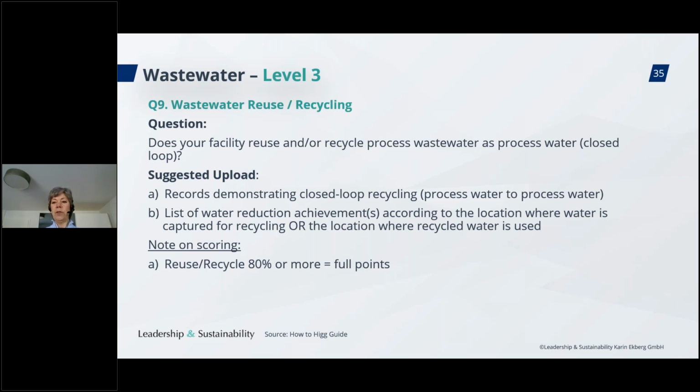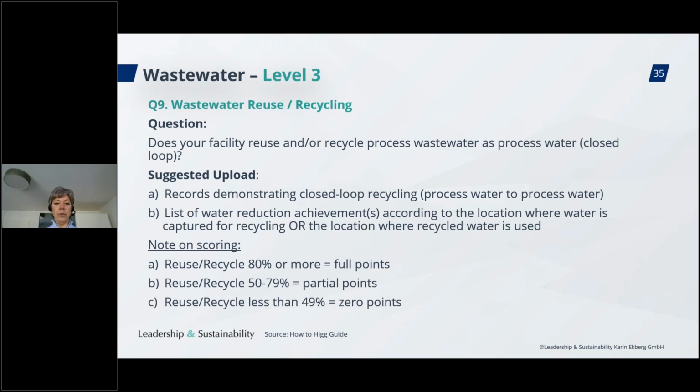It needs to be going into that closed loop of your process water system. If you have 80% or more, you get full points. If you are reusing or recycling 50 to 79%, then you get partial points. And if you recycle or reuse less than 49%, then you get 0 points. And if you don't know, then of course it's also 0 points.